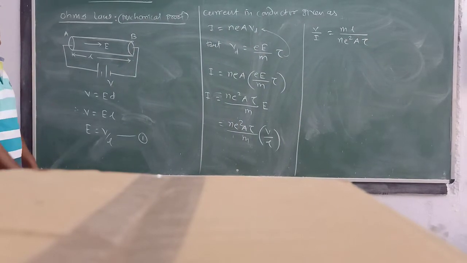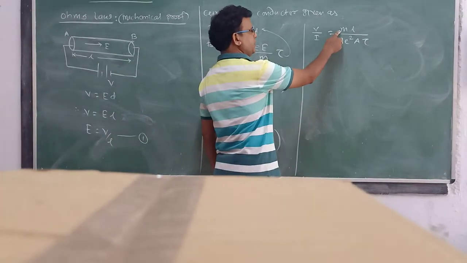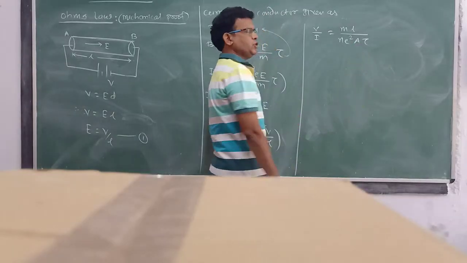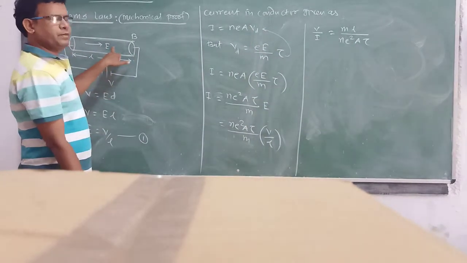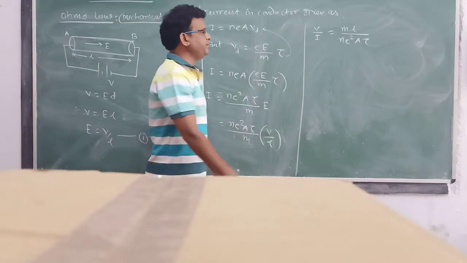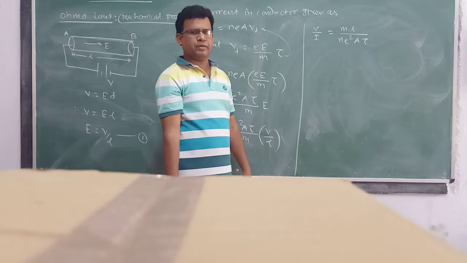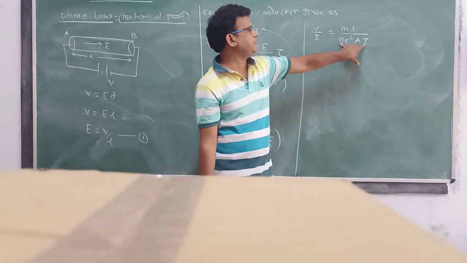Now look at the right hand side of this relation. The mass of the electron always remains constant. Length and cross section area for any given conductor remain constant as they are its dimensions. Next, the charge of the electron is also constant. Now we are left with two factors, n and tau.